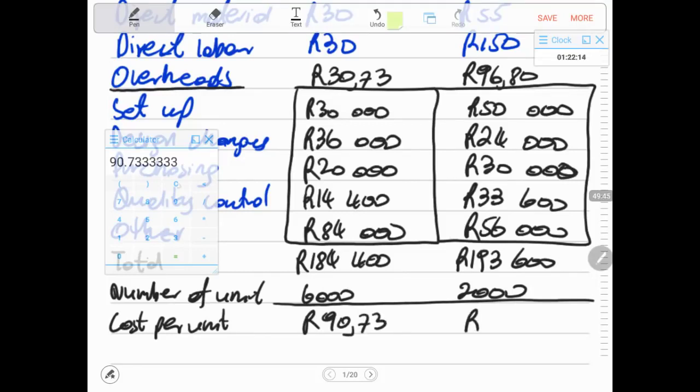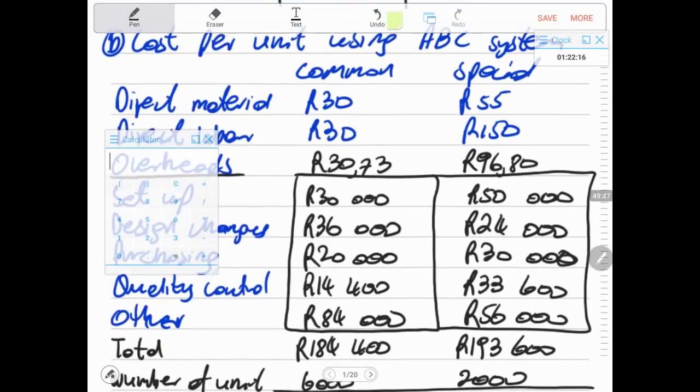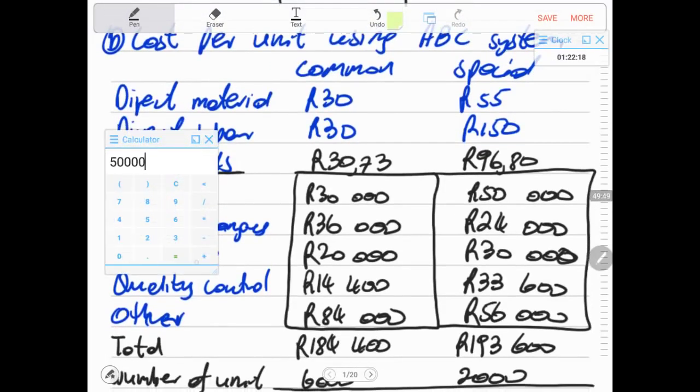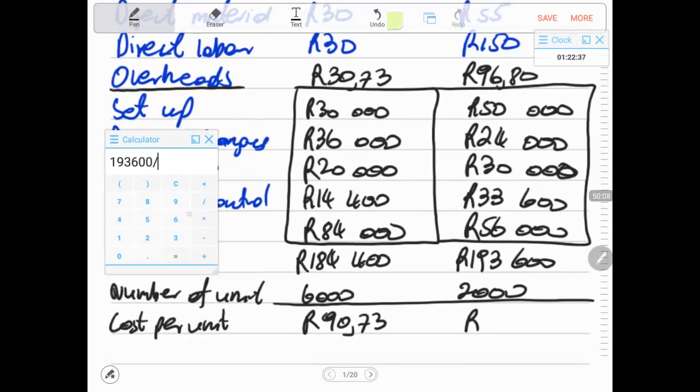73 cents. For the second product, just to confirm again the total, 50,000 plus 24,000 plus 30,000 plus 33,600 plus 56,000. 193,600 divide by 2,000 units.